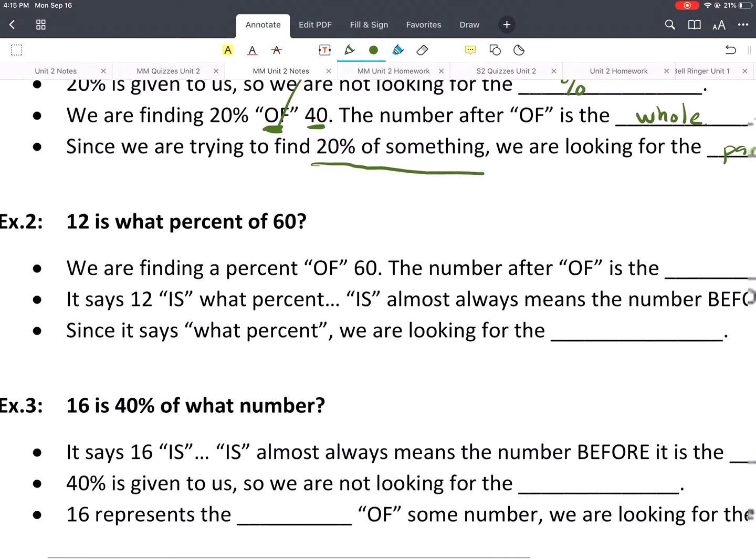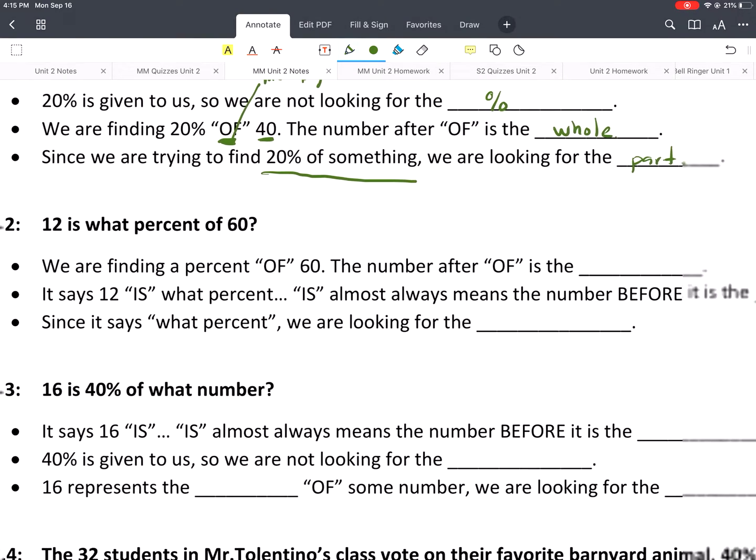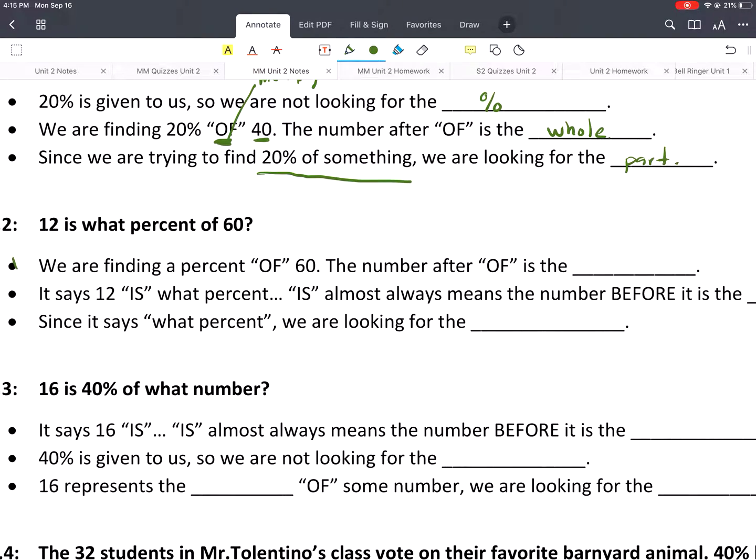Example 2: 12 is what percentage of 60? First, it says we are finding a percent of 60. That number after of, like we talked about, means that the 60 is the whole. Whatever comes right after of is going to be the whole. It says 12 is what percent.